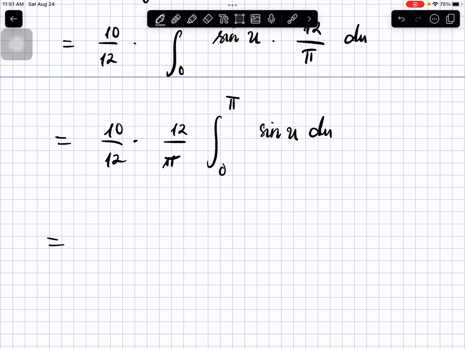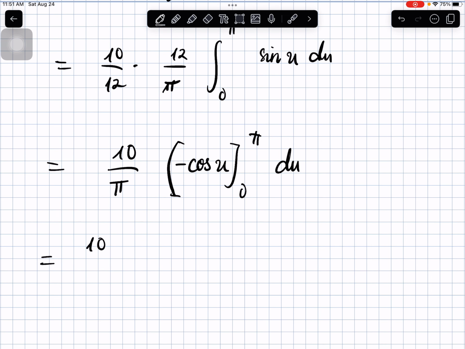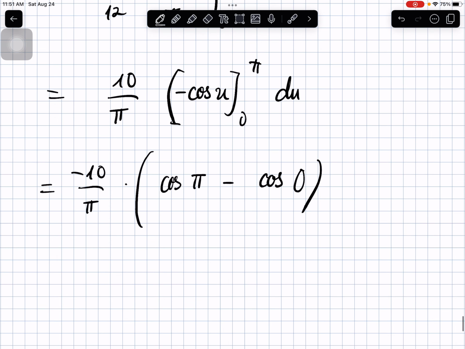So the 12s cancel out. We have 10 over pi times minus cosine of u from 0 to pi. This is 10 over pi times minus, cosine of pi minus cosine of 0.